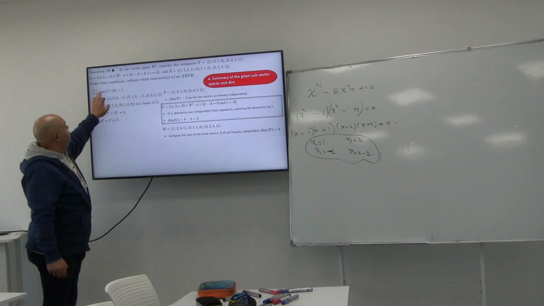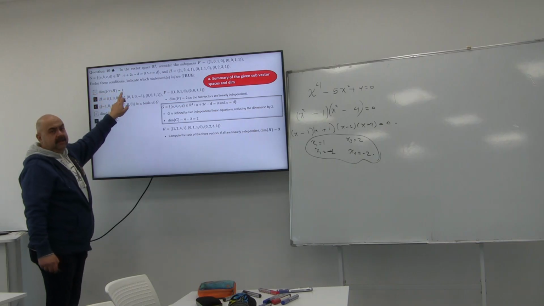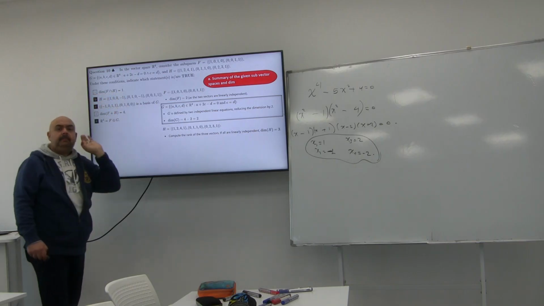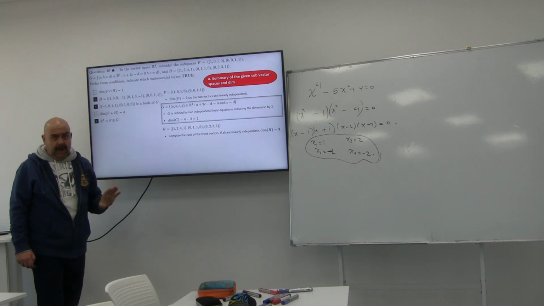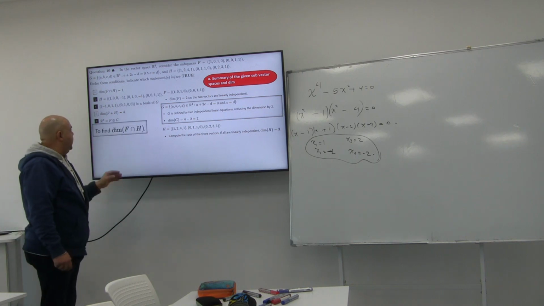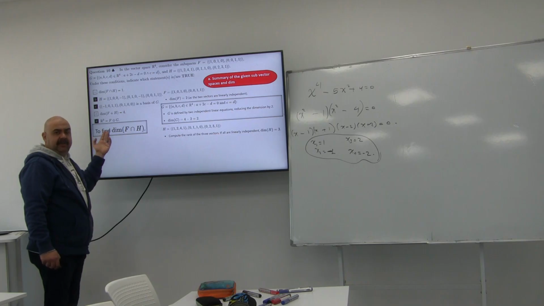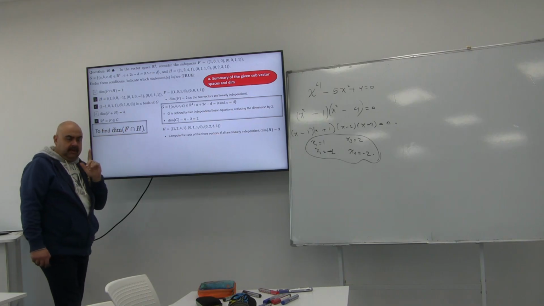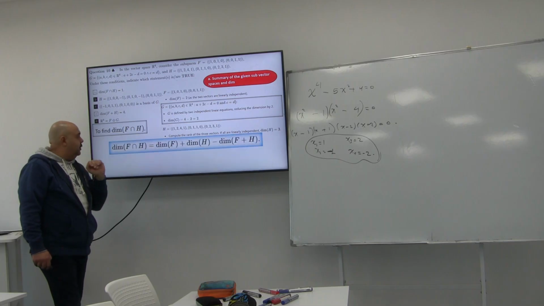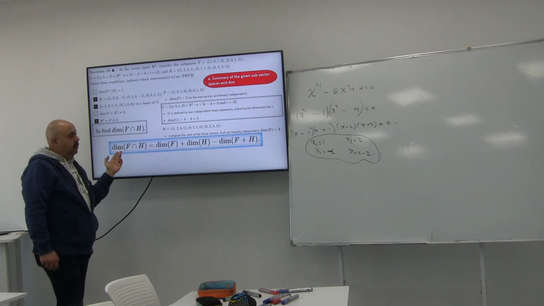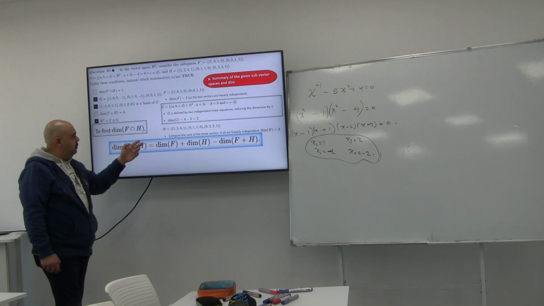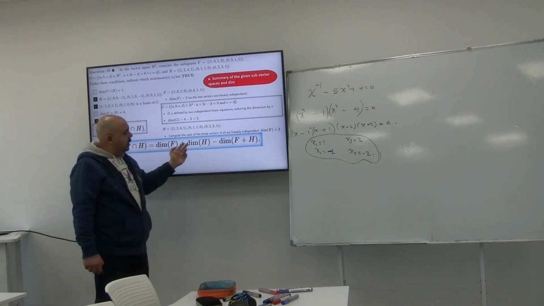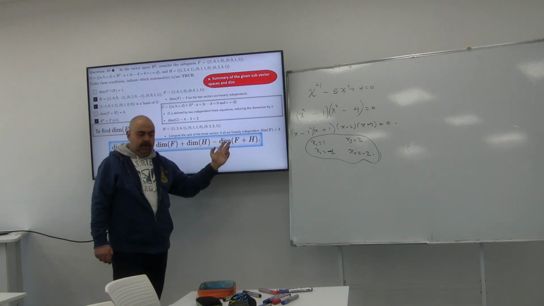He's asking you if the dimension of F intersection H equals 1. We need to check this. In order to check that, I will use the dimension theory, which states that dimension of F plus H equals dimension F plus dimension H minus dimension of their intersection.